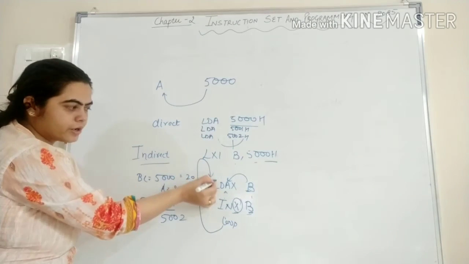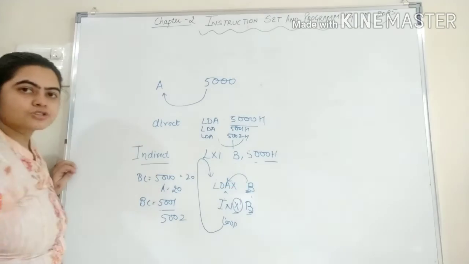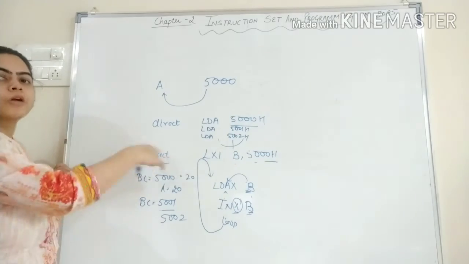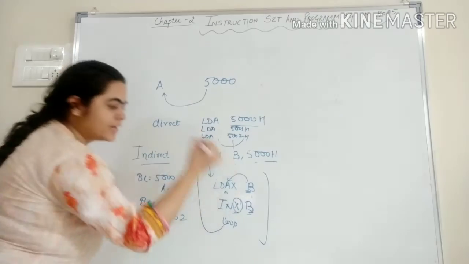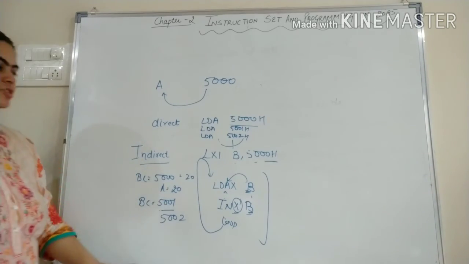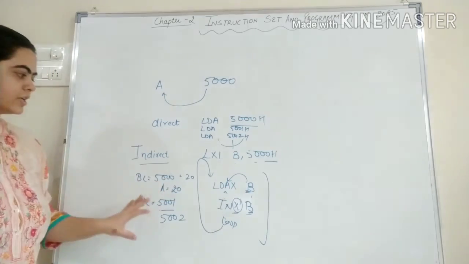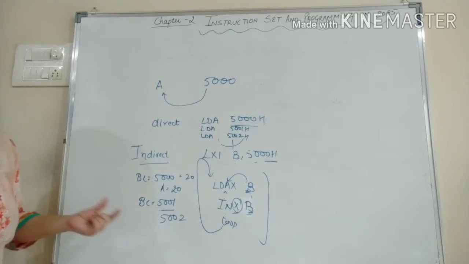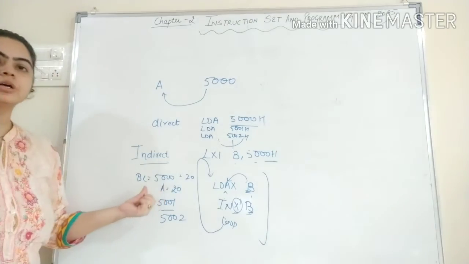Again we go here, and the contents at the location pointed to by BC are loaded into the accumulator. So we can run this loop 50 times simply by writing 2 or 3 lines. By giving the condition and using the loop, we can load the contents of 50 consecutive memory locations into the accumulator.